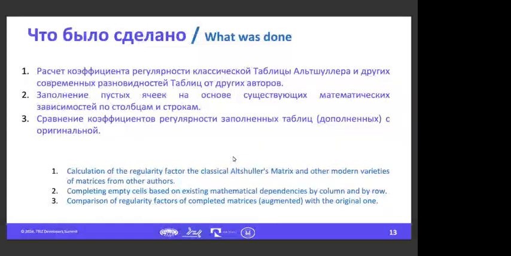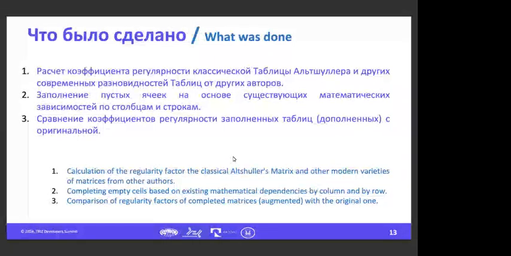So at first we were checking the regularity of metrics, and also we're trying to make it on other modern matrices.